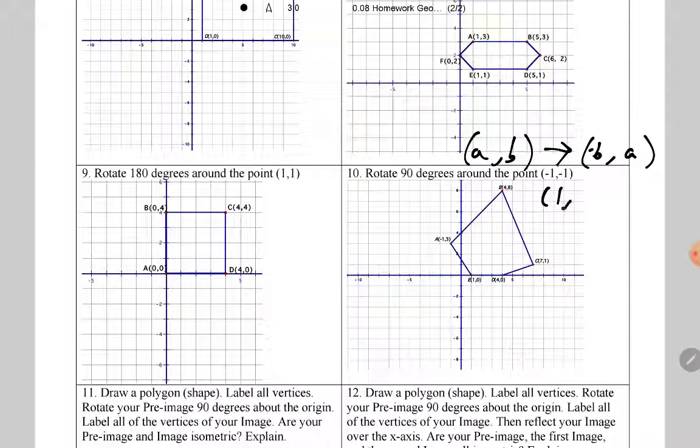So we have 1, 0. That becomes 0, comma 1. Okay. So that's the rotation of 90 degrees. So here's the 90 degrees. Now I need to move it.